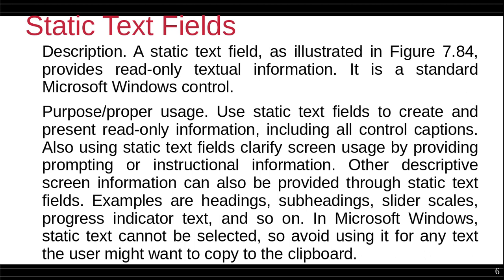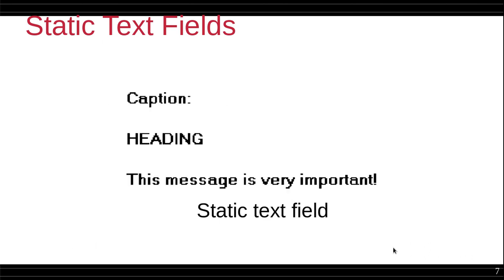Other descriptive screen information can also be provided through static text fields. Examples are headings, subheadings, slider scales, progress indicator text, and so on. In Microsoft Windows, static text cannot be selected, so avoid using it for any text the user might want to copy to the clipboard. This is the example of a static text field.